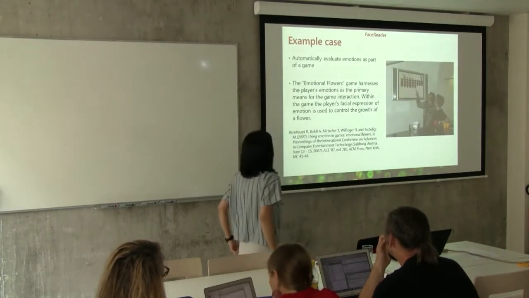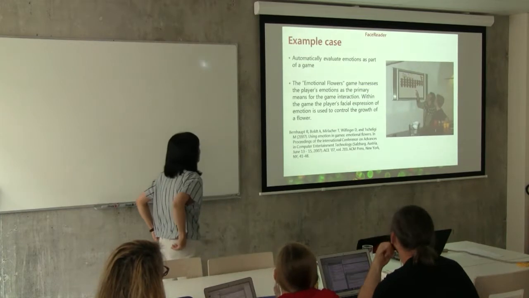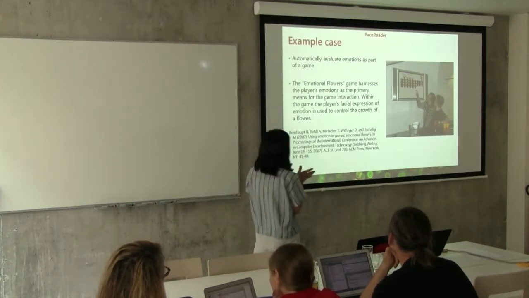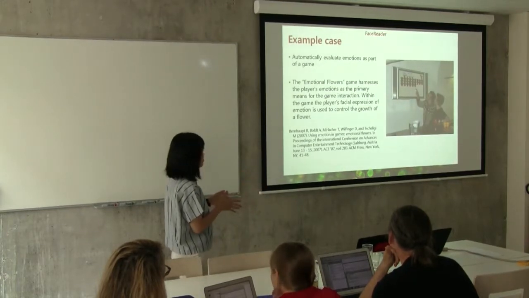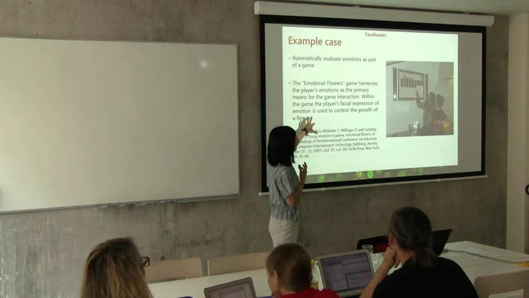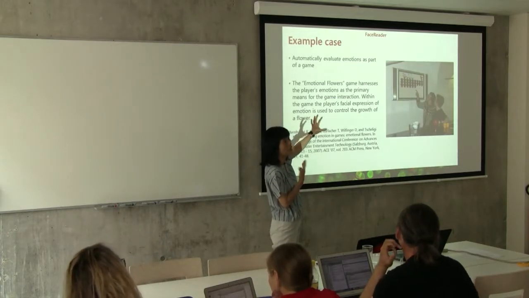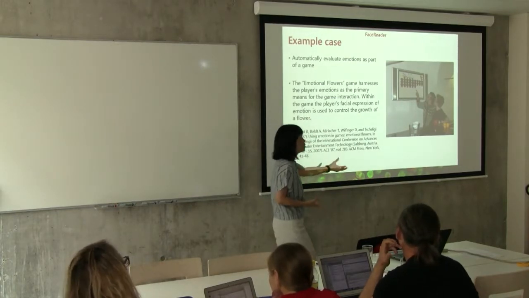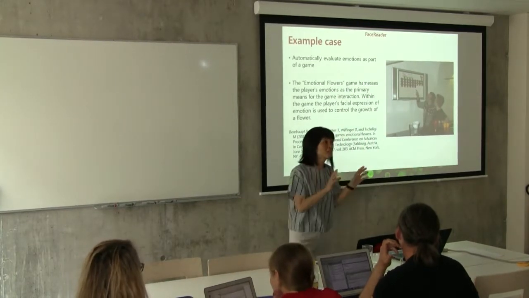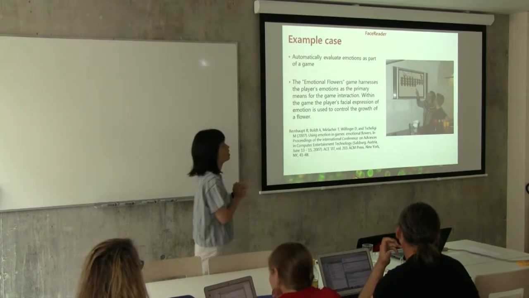This is an example of the so-called emotional flower. It depends how you look at the game interaction, and depends on the facial expression. If the player smiles more, you can see more flowers showing in this picture. I've never seen it in my life, but it sounds quite an interesting idea.